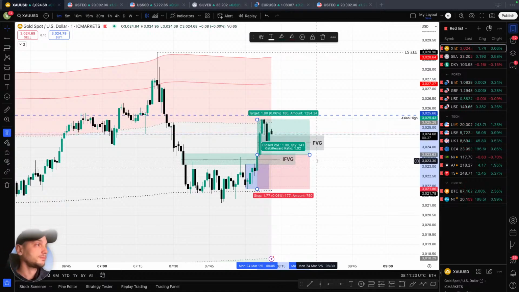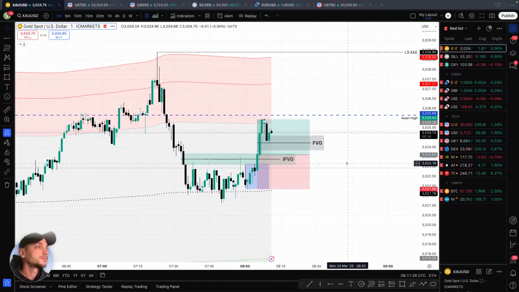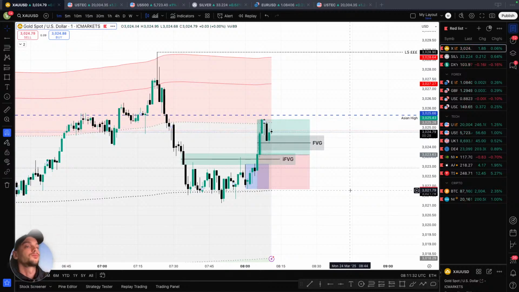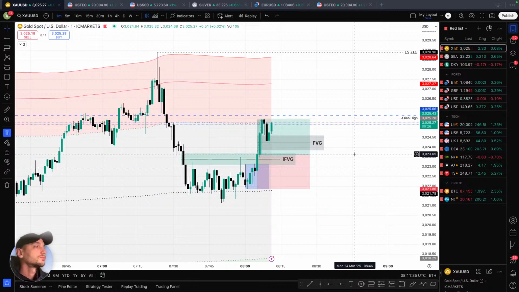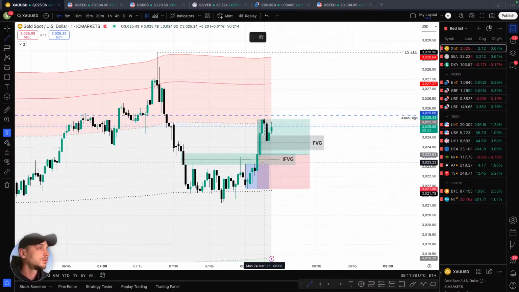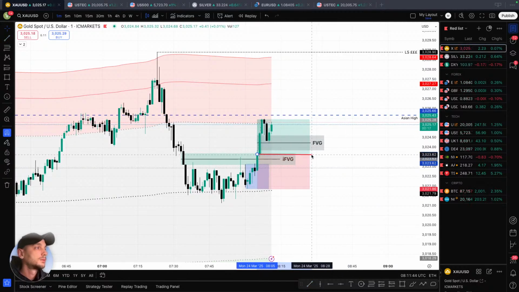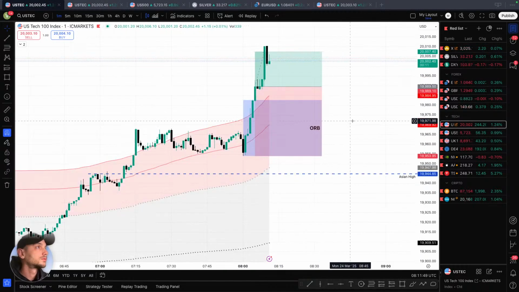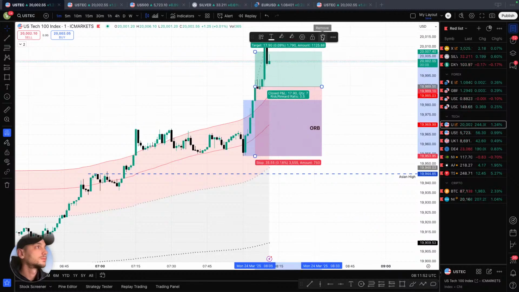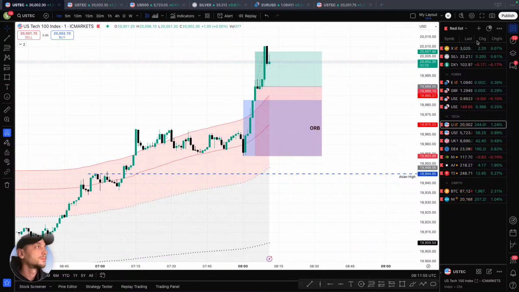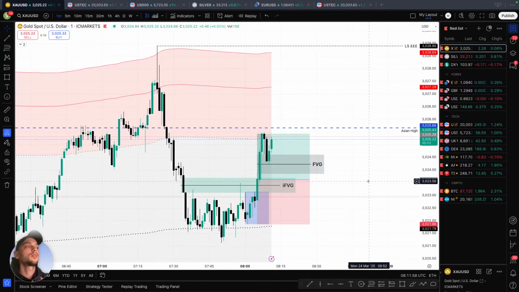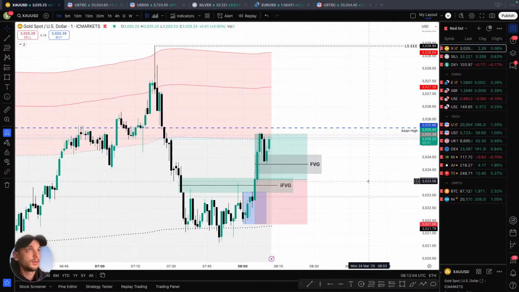So we already made 1R here, but we missed the entry. So at this point, we would move it to break even. Unfortunately, we didn't make it. We might get a second try with the 5-minute ORB, where we mark the first 3 candles on the 5-minute chart.